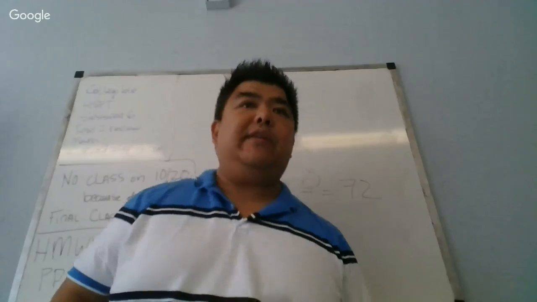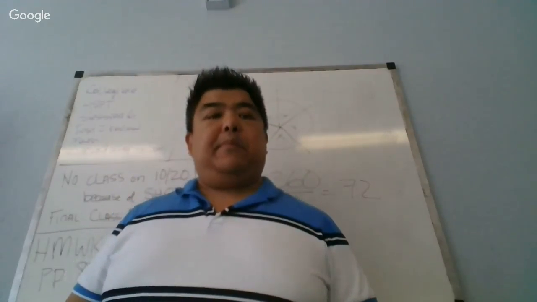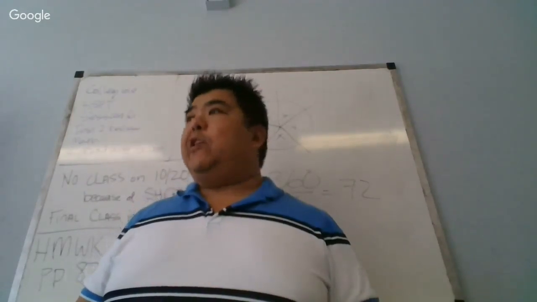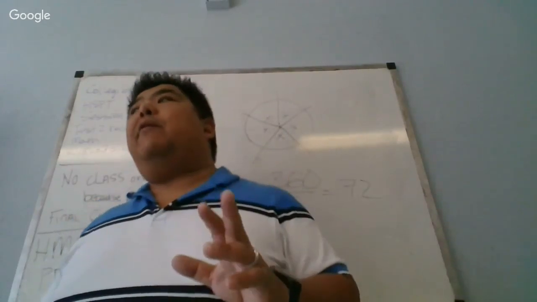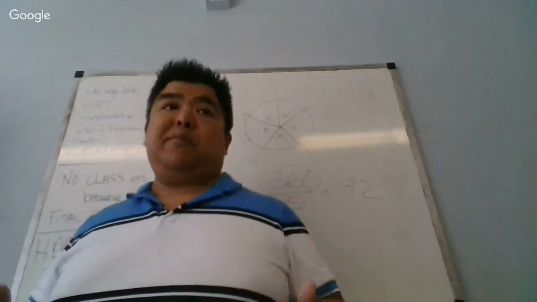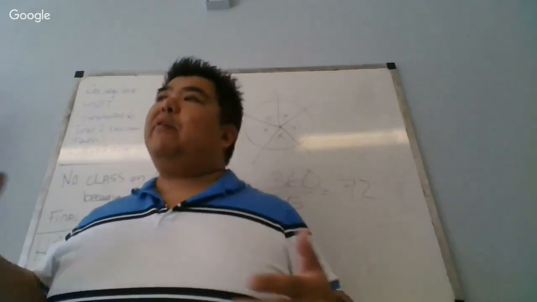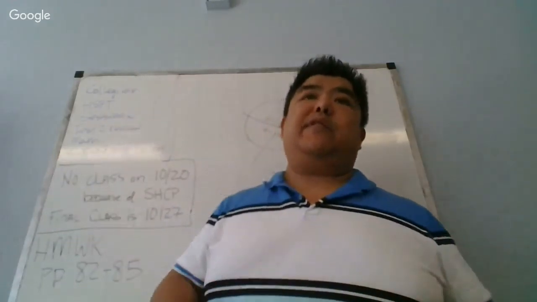Any others that you guys see? How about A and G? A and G are also vertical. So the key behind all this is just that you learn these terms, because these vocabulary words from geometry, they're really just testing us to see if we understand them.